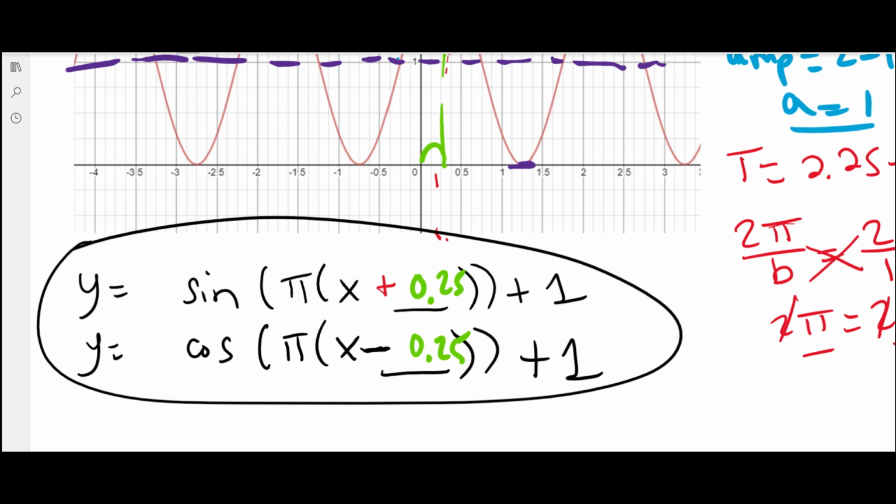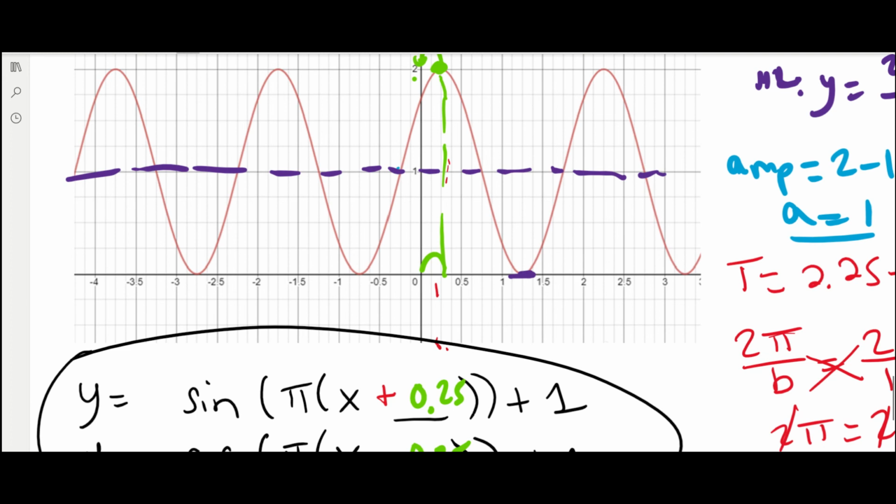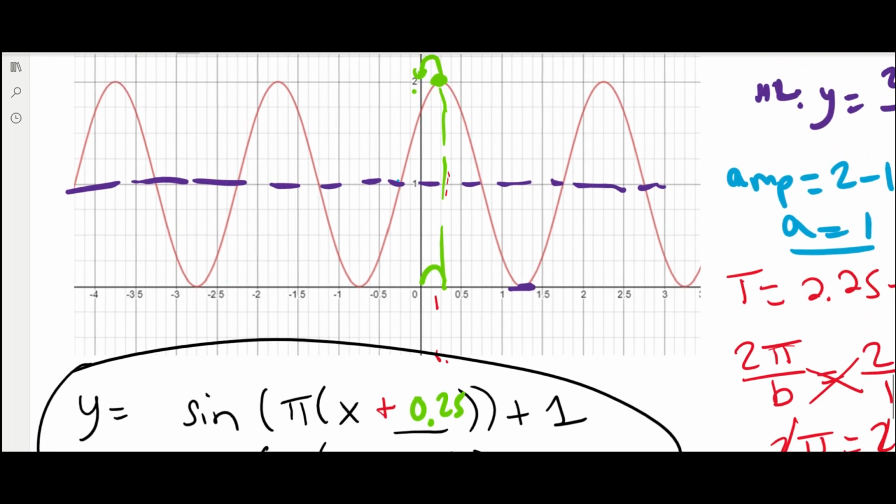So there are multiple ways of writing this graph in terms of sine and cosine, because I don't just have to move that point. I can also move this point, right? I can move this point all the way over there, and that will give me a different phase shift. That will give me a phase shift of 2.25, for instance. And so 2.25 would also be an answer here. So there are actually multiple solutions to this.